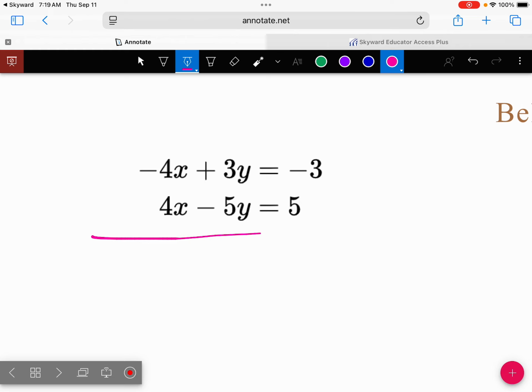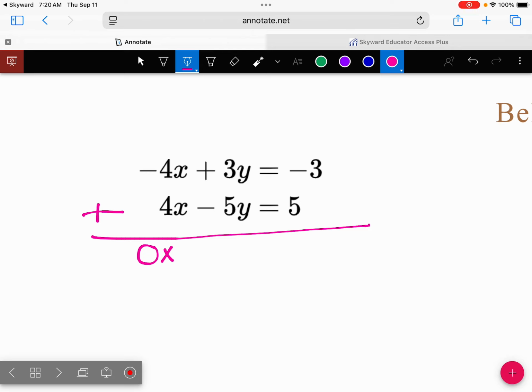So when we start this process for our elimination, what am I going to do with these two equations? Cancel out the x's. And we're going to do that by adding them, old school columns. So my minus 4x plus 4x is going to give me how many x's? 0. There's no x's. I like to write it down because it helps to see that we actually did it. You don't have to, but you can. What about when I take my 3y plus negative 5y?